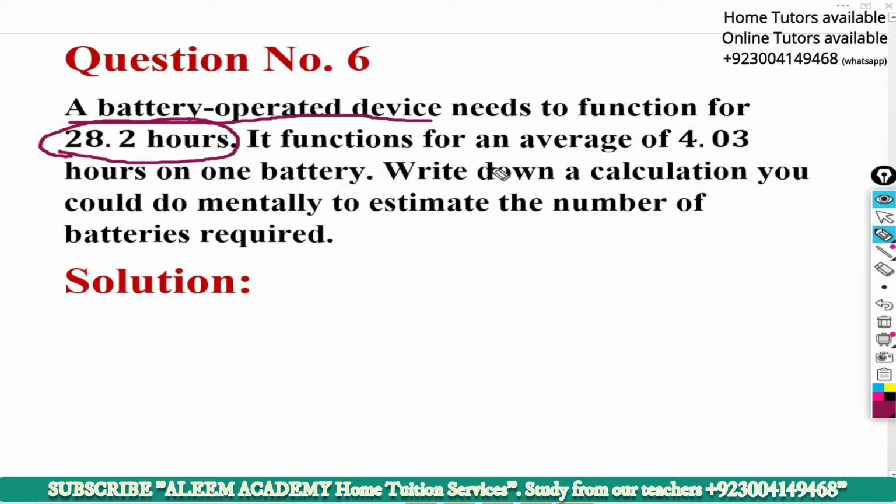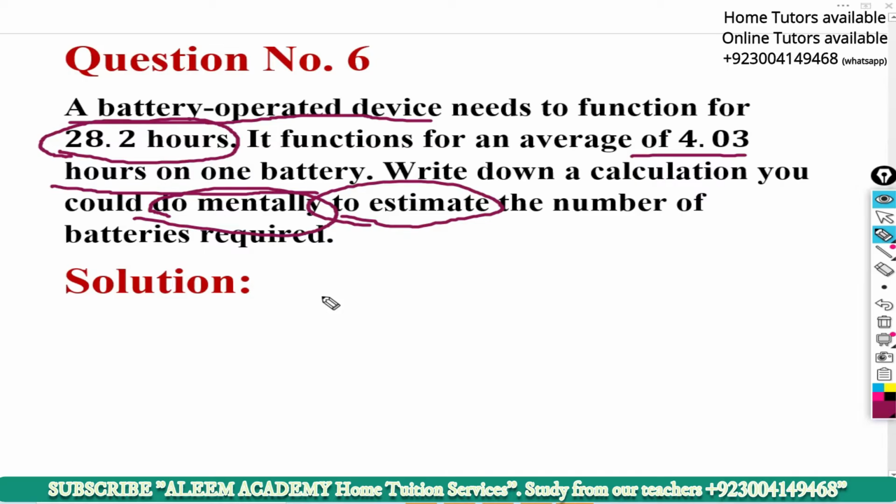It functions for an average of 4.03 hours on one battery. Write down a calculation you could do mentally to estimate the number of batteries required. We have to find how many batteries we need to function this device 28.2 hours.